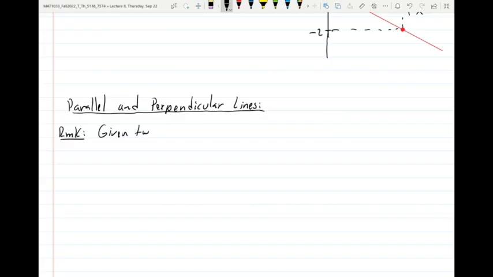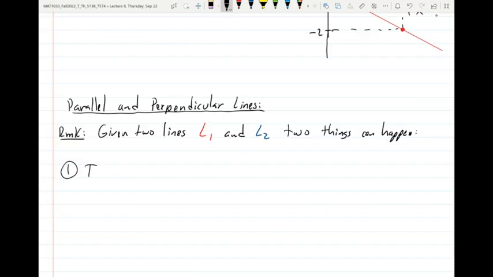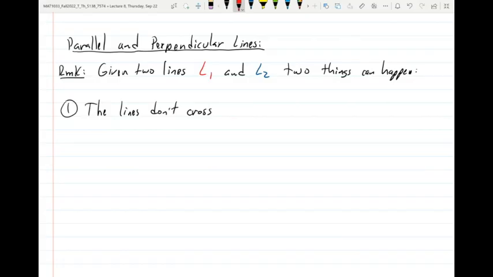So the first observation, a remark: given 2 lines, let's call them L1 and L2, 2 things can happen. First, the lines don't cross, in which case there are many pictures that I could draw for this situation, but I'm just going to pick one.